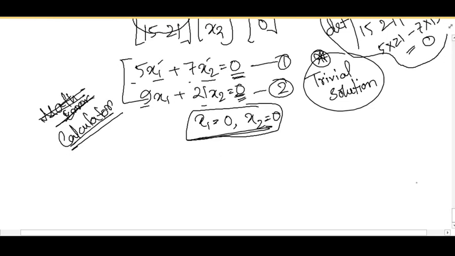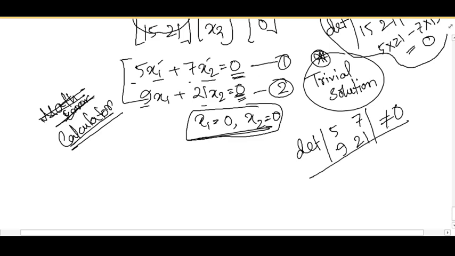And whenever you come to the point that the determinant of this matrix, if I write down like this, 9, 21, this will be non-zero for sure, I bet. So if you find that this one is not equal to 0, then you will be able to say that the trivial solution will exist. Trivial solution means in the cases where you will be getting that the values in the right portion are 0.